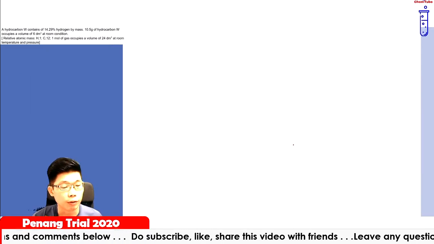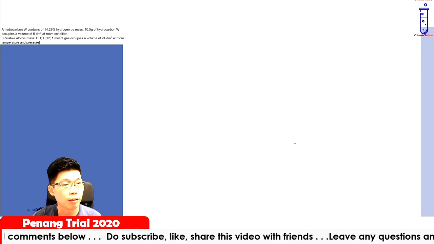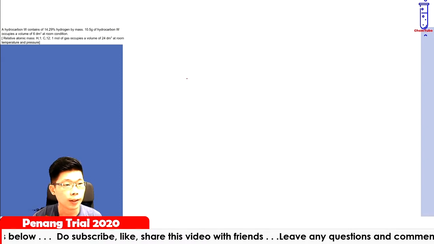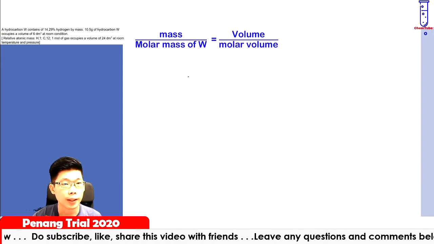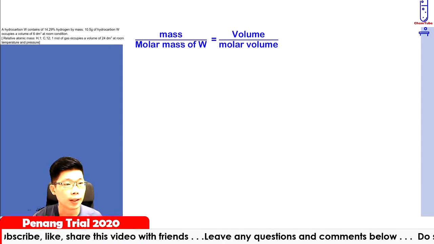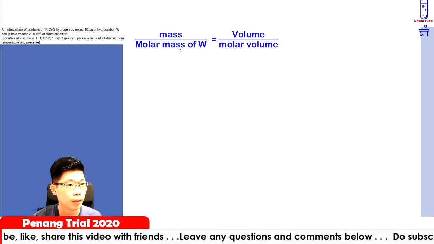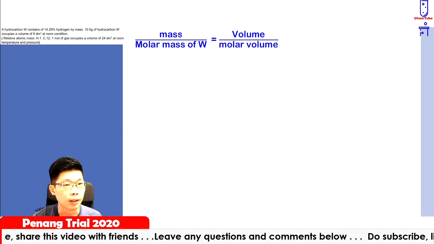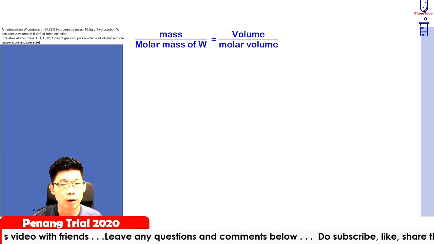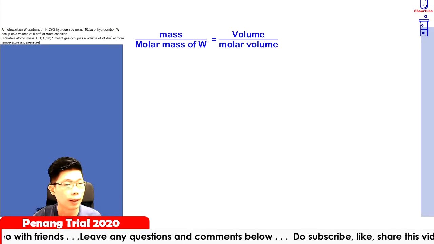Next we need to find out the molecular formula of the hydrocarbon given. How do we start? We can use the number of mole formula to find out the molecular formula. We know that mass over molar mass is the number of mole, and volume over the molar volume is also the number of mole.